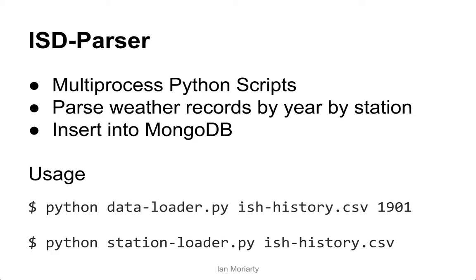It's a multi-process Python script, so I found the best performance happens when you run about the same number of Python processes as the cores your CPU has. So there's a parameter you can set for how many processes you want to spin up when you start parsing this data.